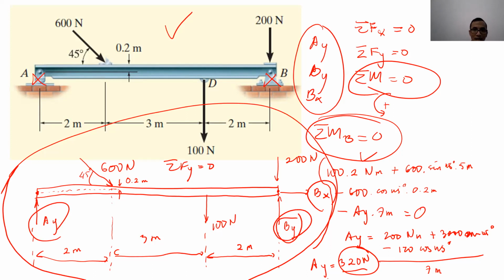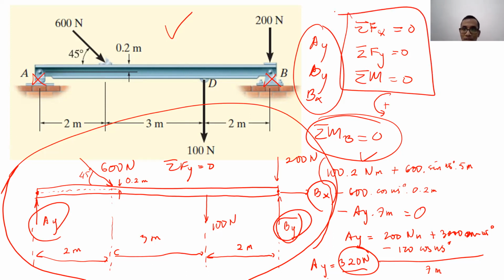In order to solve for three unknowns, we have to have three equations, and we have three equilibrium equations: sigma fx equal to 0, sigma fy equal to 0, and sigma moment equal to 0. By using sigma moment at B equal to 0, Lilo found that Ay is equal to 320 Newton.